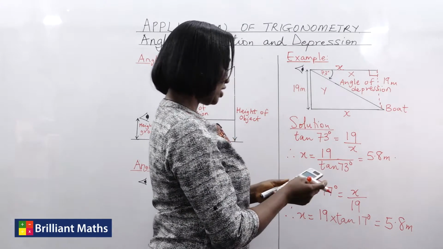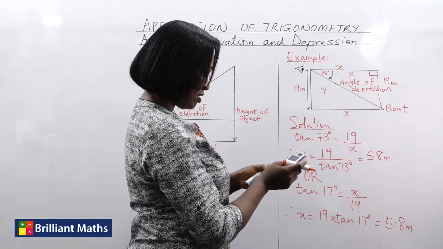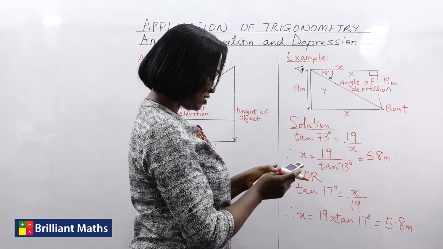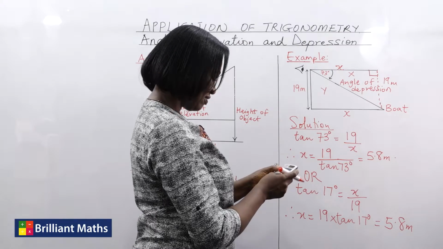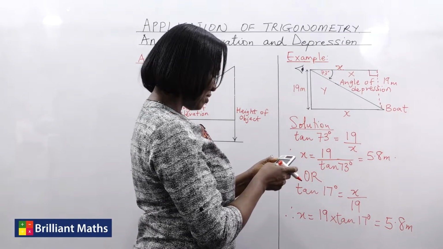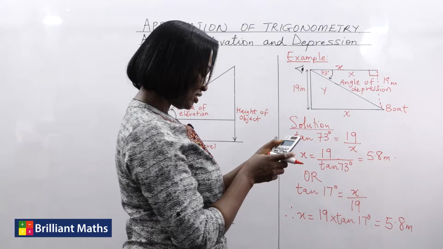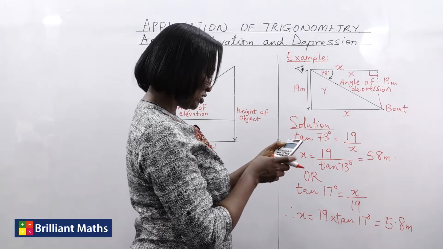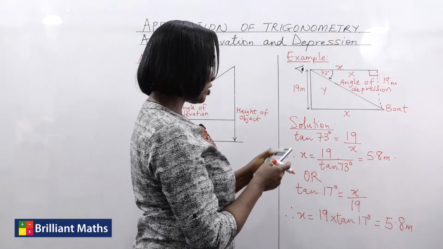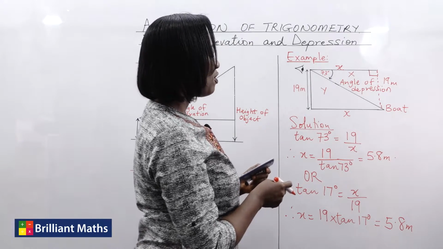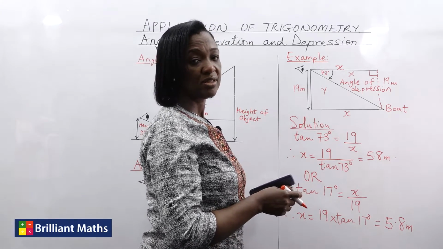Put that into your calculator. 19 divided by tan 73 degrees. And what do you get? You get 5.8 meters.